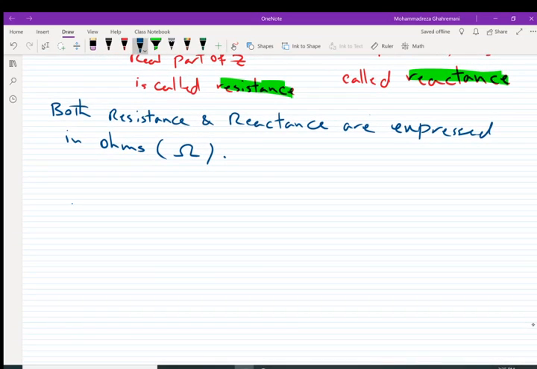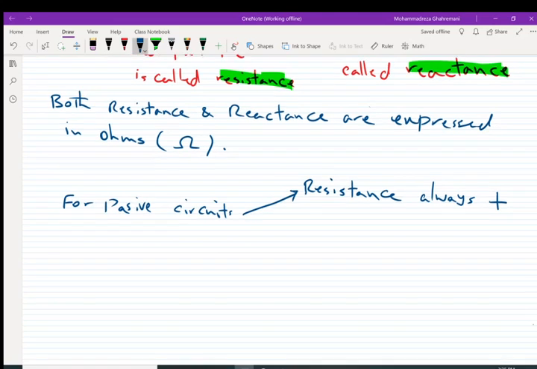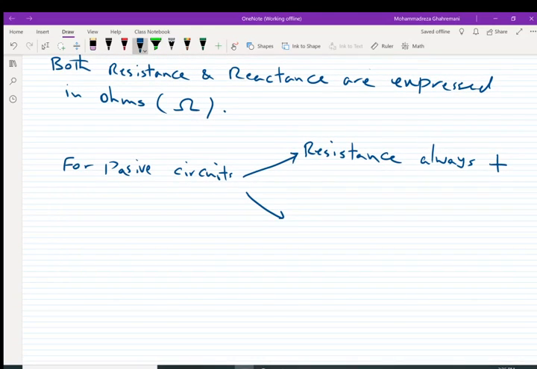So let me write it down: for passive circuits, resistance is always positive, and reactance can be positive or negative.